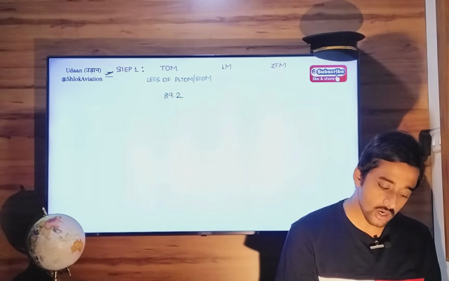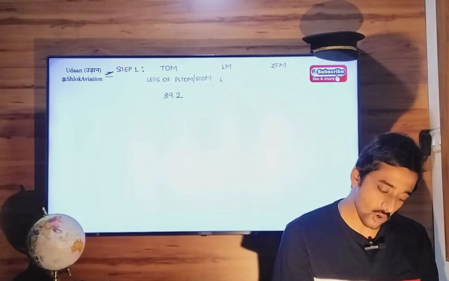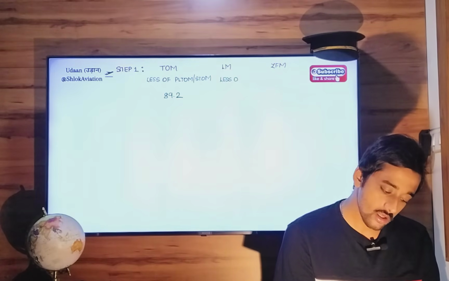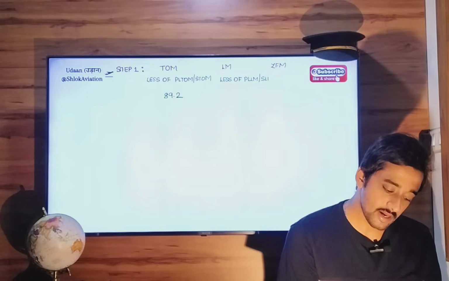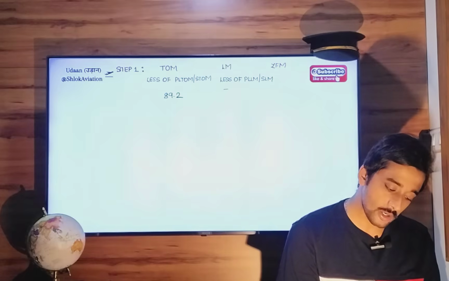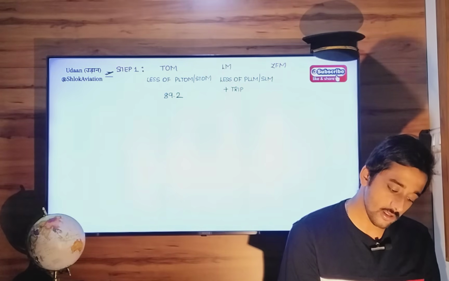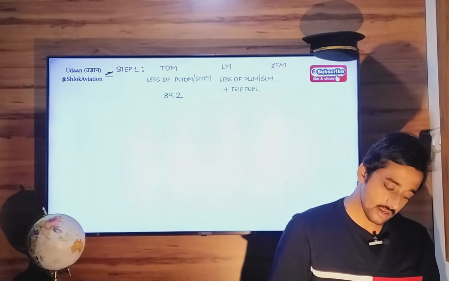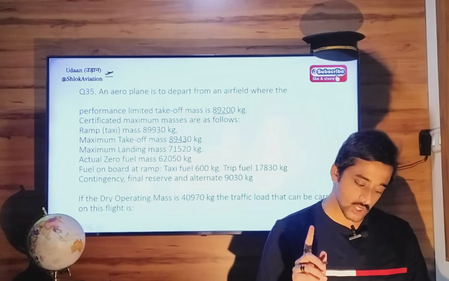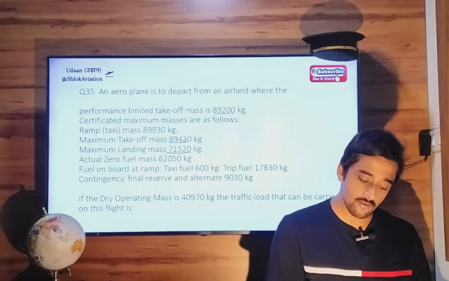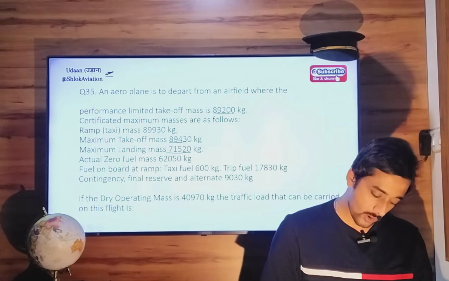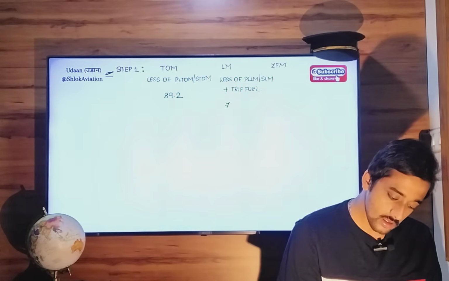In the landing mass column, you are going to write a value which is the lesser of performance limited landing mass and structural limited landing mass, and then you are going to add that to trip fuel. So performance limited landing mass is not given to us. We have only one quantity. Structural landing mass 71,520, 71.52.